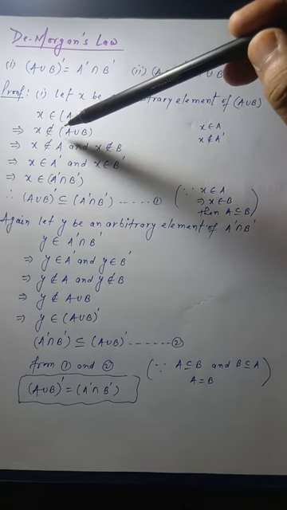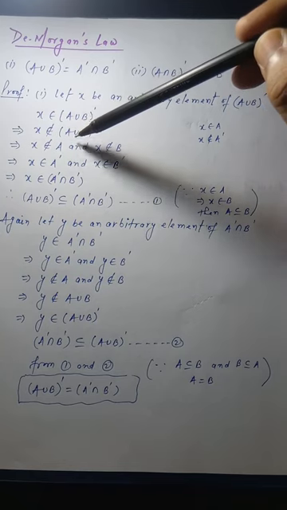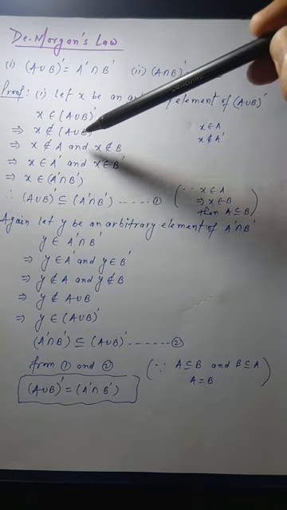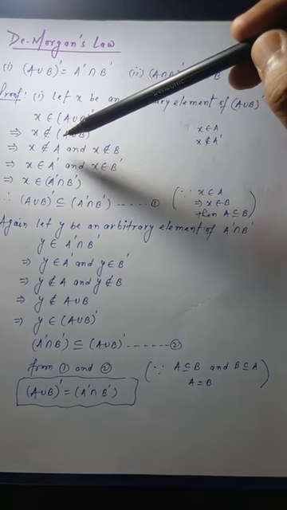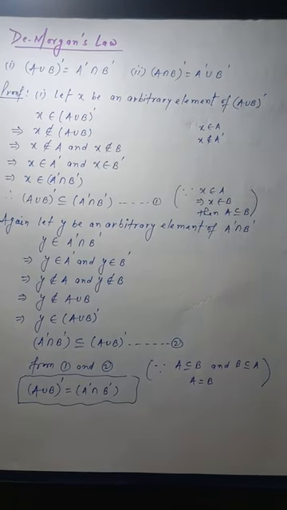And when x does not belong to A union B, it means x does not belong to A and x does not belong to B. Why am I saying this?